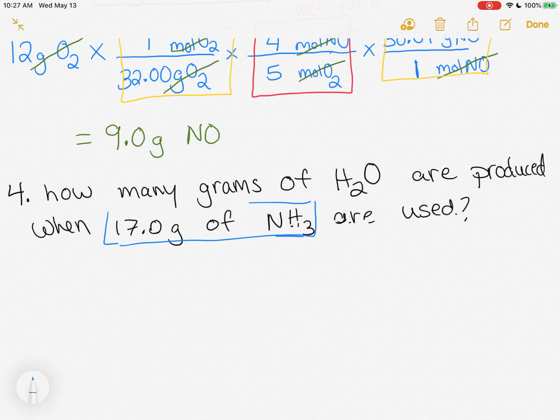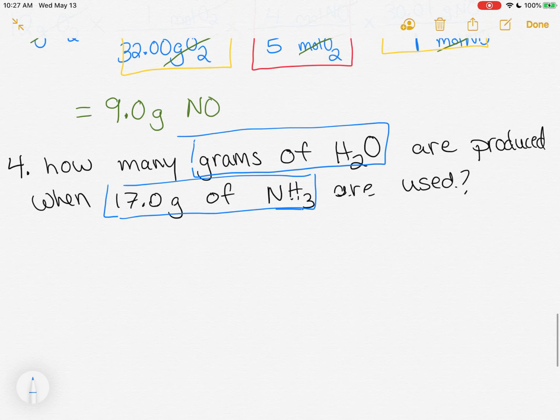All right, so we are going to start with our 17 grams of ammonia, and we're looking to find how many grams of water that's going to create.